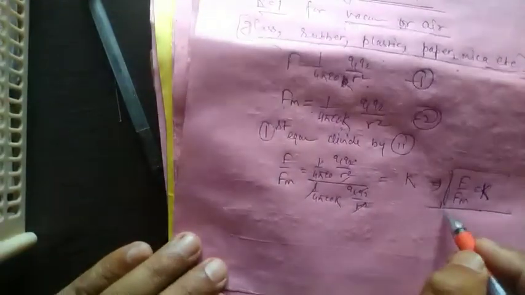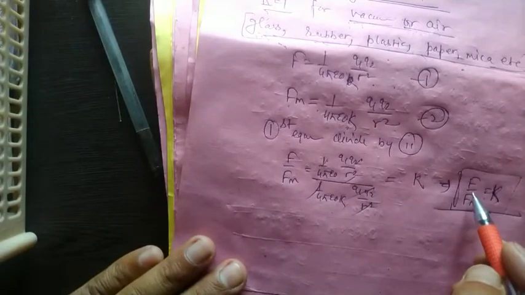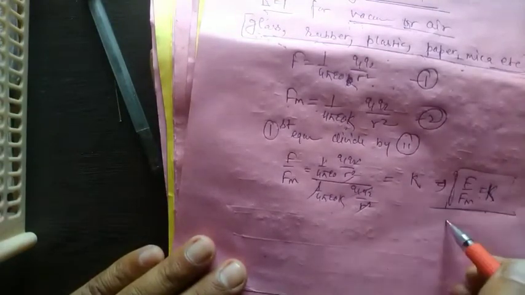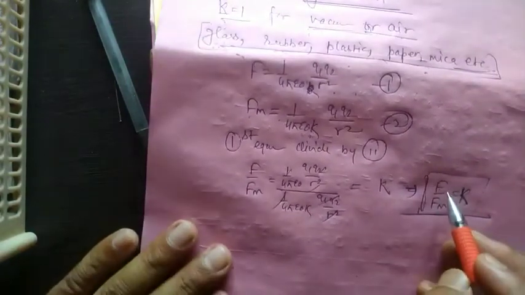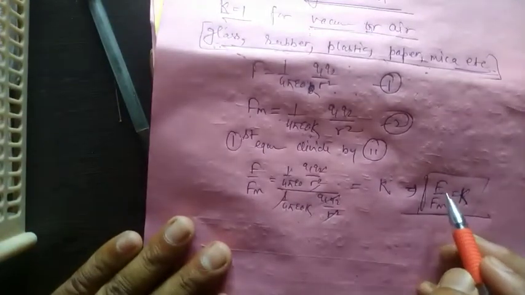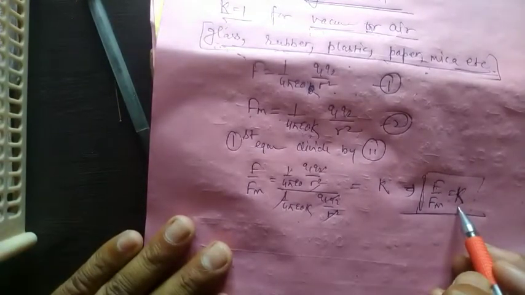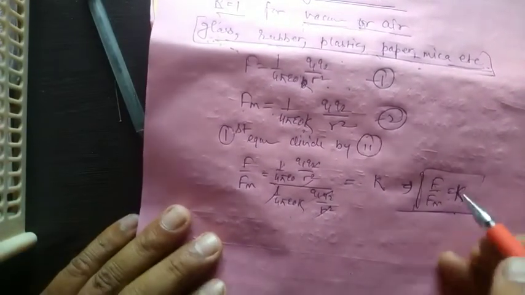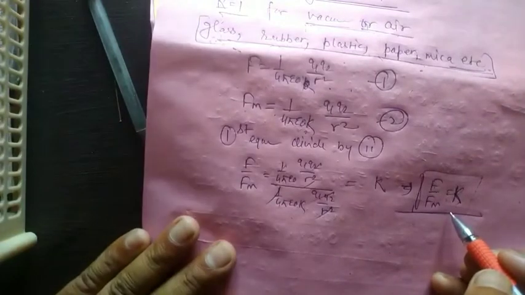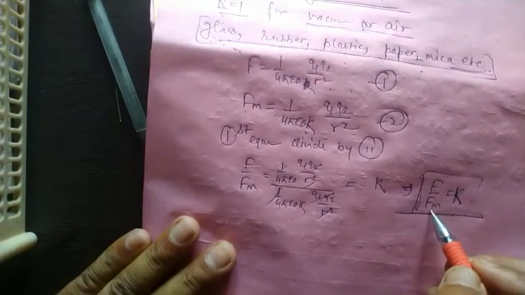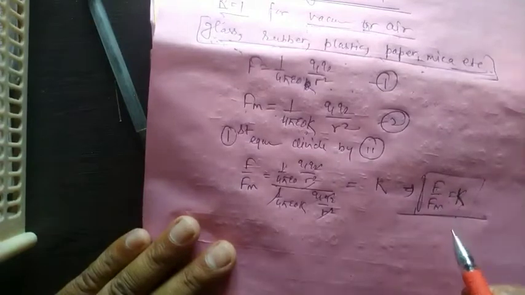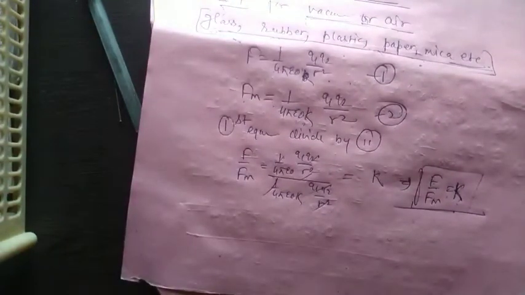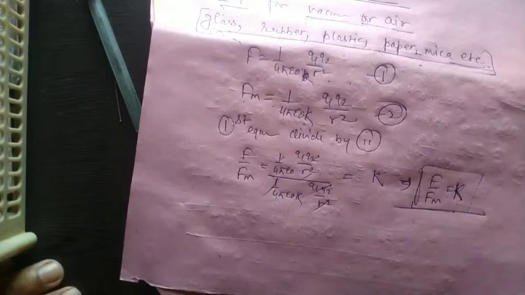Its definition is the ratio of the electrostatic force between the charges with the dielectric substance in the medium and without the dielectric medium. We can say the dielectric constant is defined as the ratio of electrostatic force between two charges when we have a dielectric substance in a medium or without it.